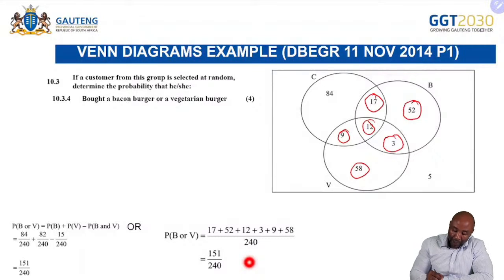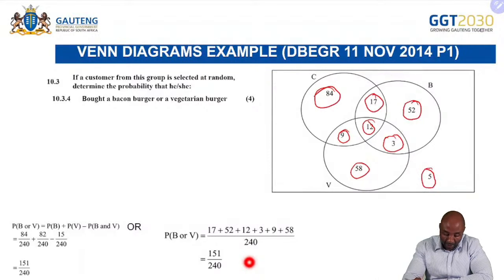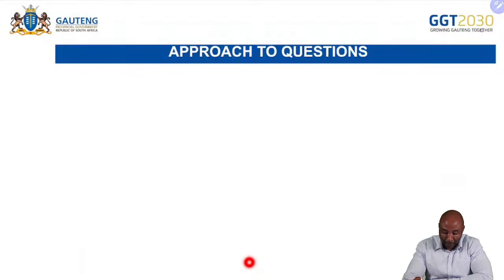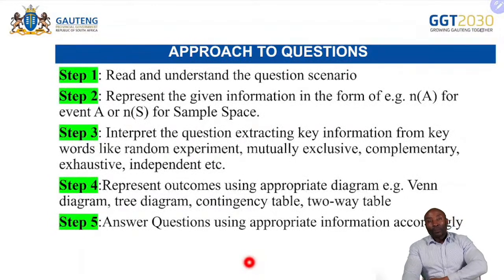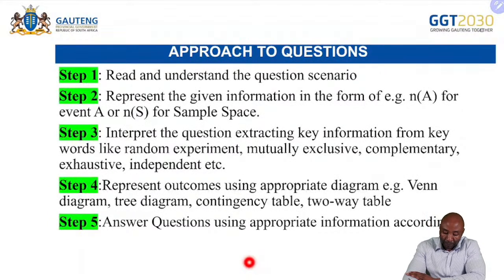Or we just say, because these are complementary events, 1 minus the number that we are having there. Then we'll get 151 over 240. We exclude this one and that one, which will give us our answer there. You have seen how we approach questions for our probability. When you are supposed to get a number, you use the number.